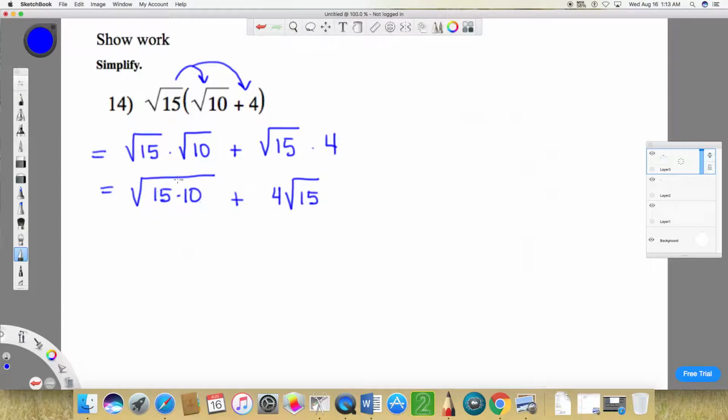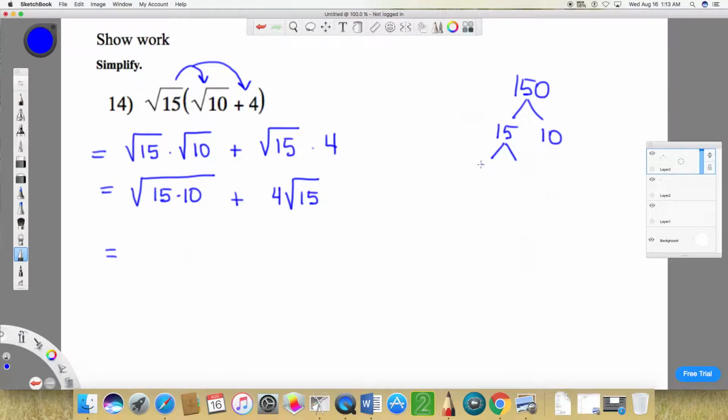Now, can we break down this first radical? Well, I do know 15 times 10 is 150. But rather than multiplying this together, what I'm really interested in is how it breaks down, how it breaks apart. We know that it's 15 times 10 because that's how we got the 150.